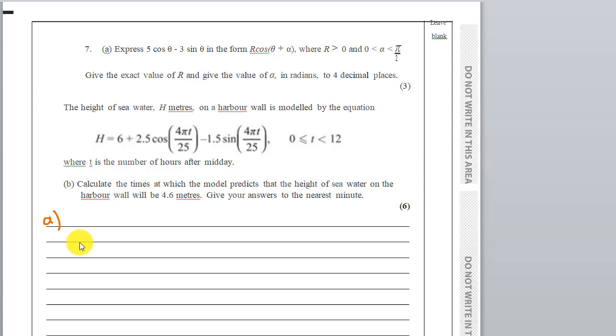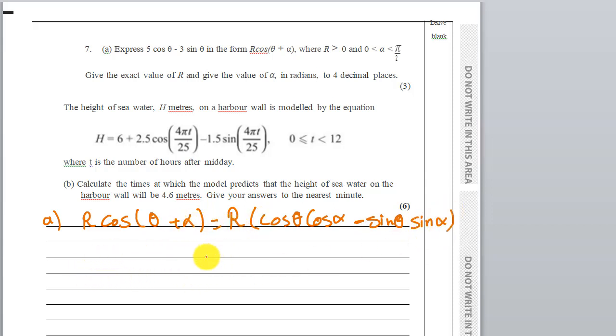We know that R cosine theta plus alpha is equal to R cosine theta cosine alpha minus sine theta sine alpha.